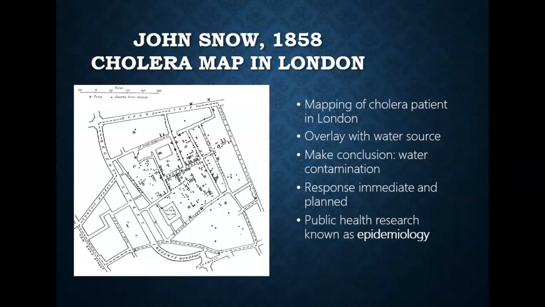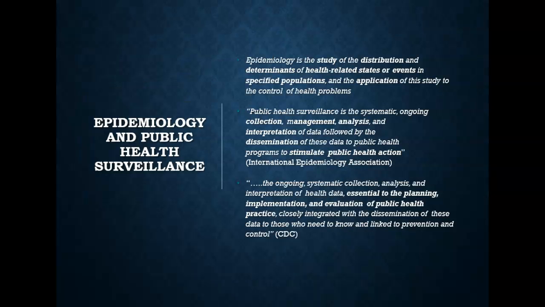But let's take a look here at how surveillance can be used to address public health concerns. While epidemiology on one hand is the study of distribution and determinants of health-related states, surveillance, and I want you to really pay attention to this definition, I'm going to read this out loud and then emphasize the areas that need emphasis.